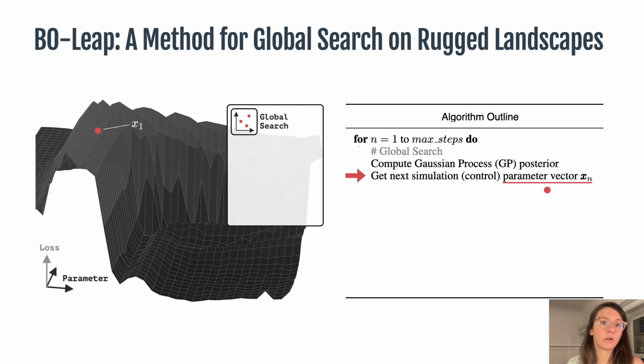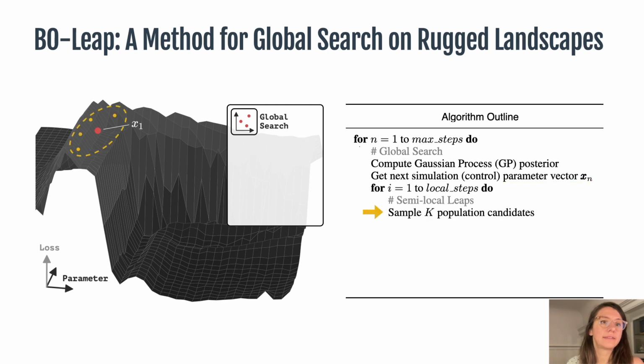So at each global iteration, Bayesian optimization proposes the next vector of simulation or control parameters, depending on the scenario, to try. These are the red dots here. And we treat this as a starting point for what we call semi-local leaps. So we first sample a population of K candidates, and then from the best candidates, we compute the starting point for gradient descent.